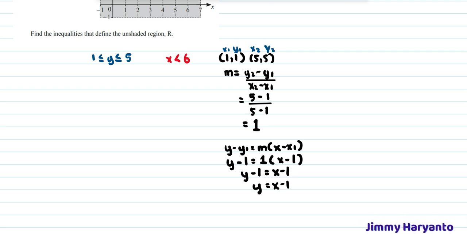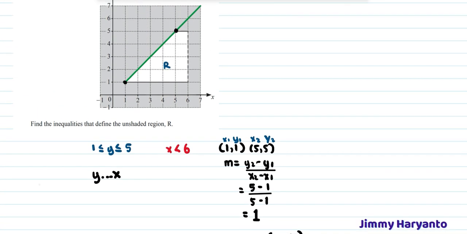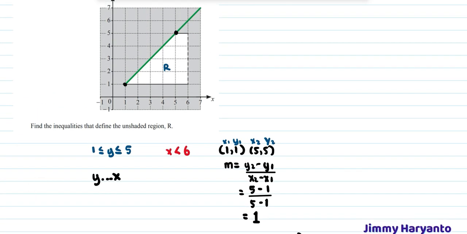You'll have x minus 1 plus 1. Minus 1 plus 1 equals 0. So you only have y equals x. I will copy it right here, y equals x. To determine the sign of the inequalities, you have to pick a point from the region. Let's pick this one, 4, 2, and then input it into our equation.